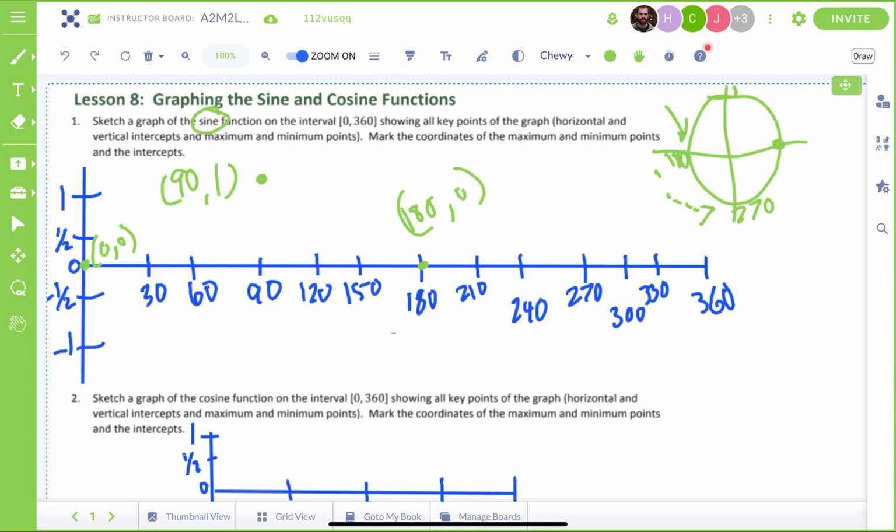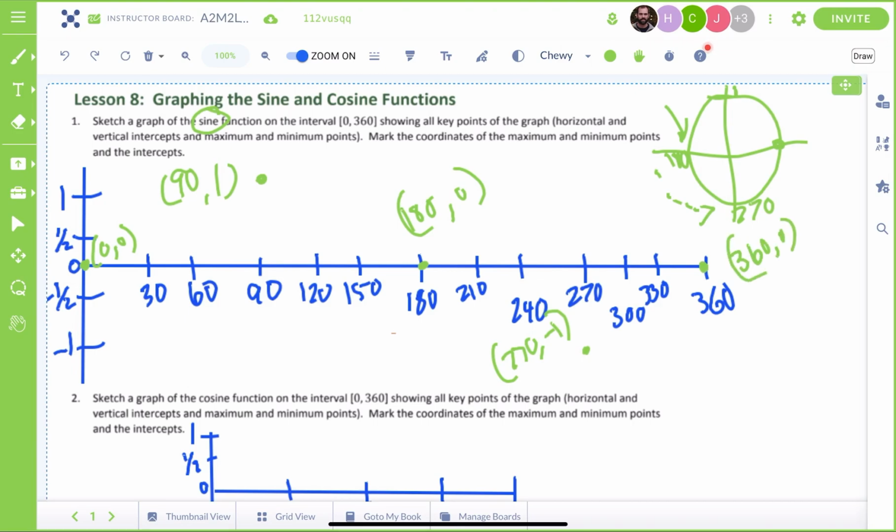Our sine is -1. Down here is -1, so we plot 270 and -1. And if we move back up to 360, we've made a complete turn and we're back at 0. So we'd be at 360 and 0.